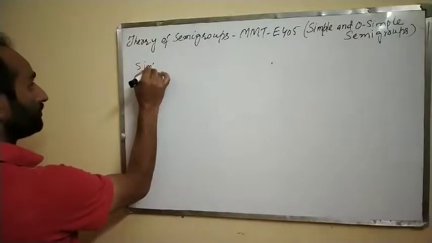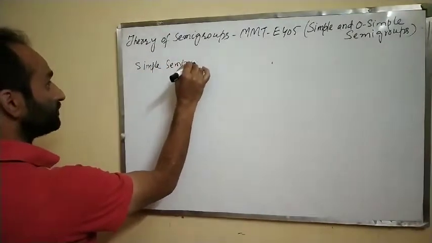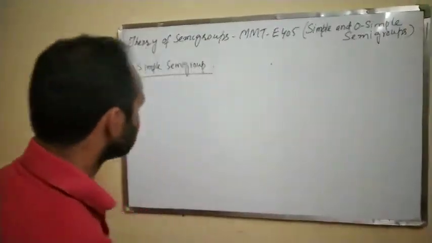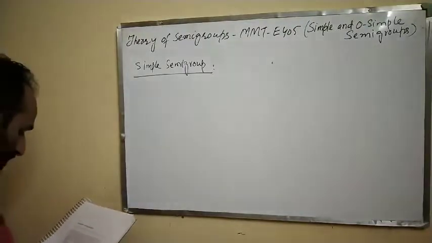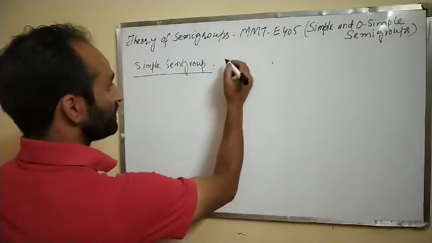Simple semigroup. A semigroup without zero. So that's the first condition, it should be without zero.